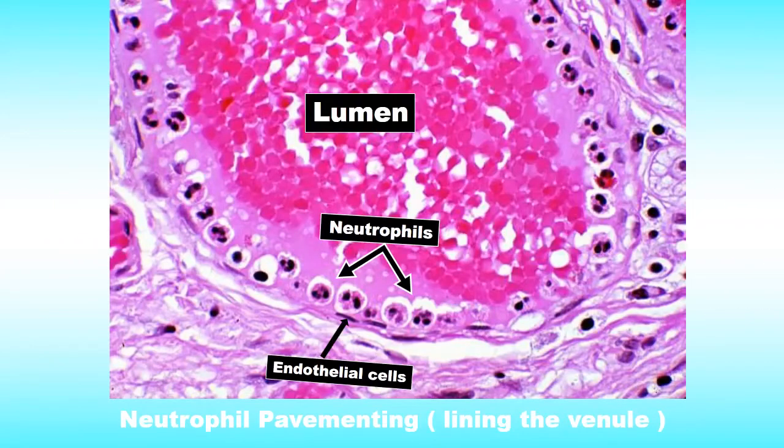This picture shows a venule in acute inflammation, in which there is stasis of blood with hemoconcentration within its lumen, with margination and pavementing of neutrophils along the endothelial cell lining of the wall of the venule.